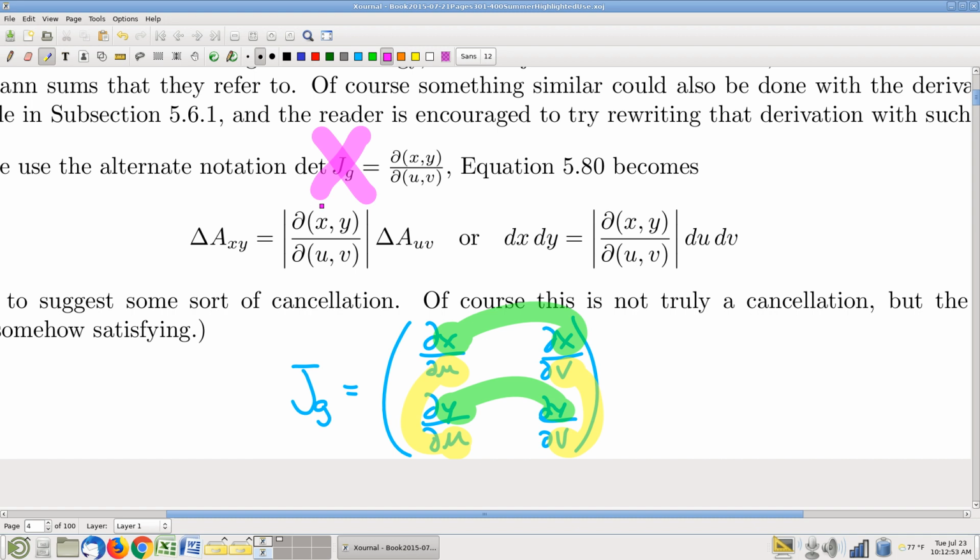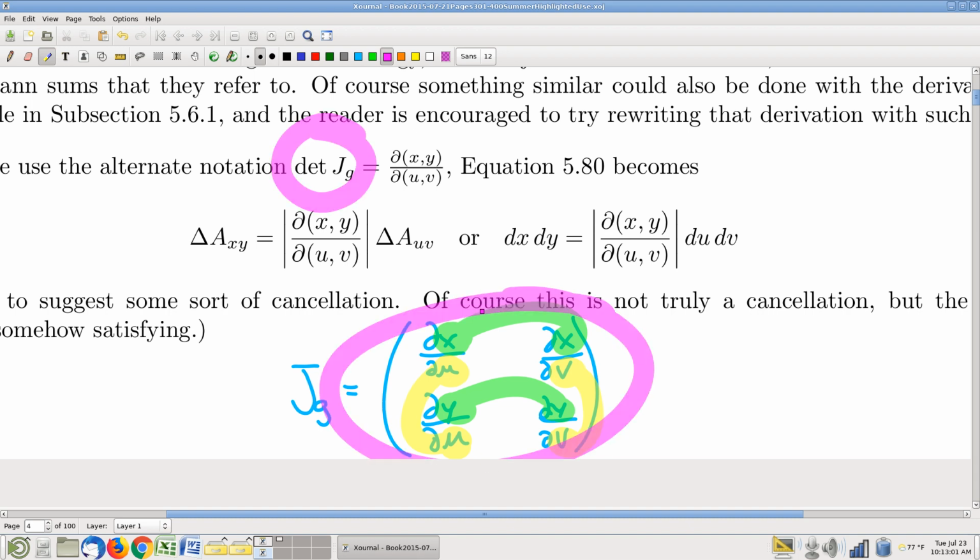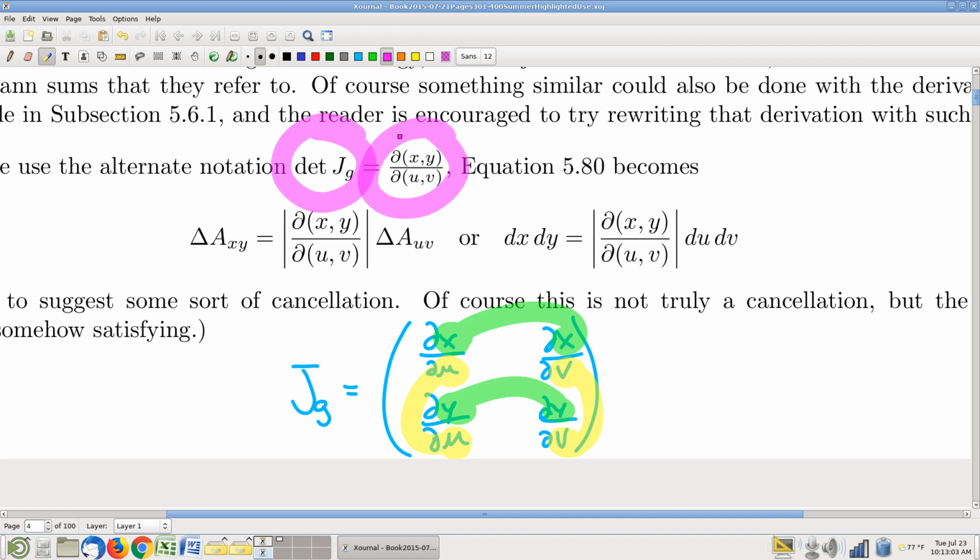The Jacobian's a matrix, not a number, so that doesn't even make sense. So anyway, this is the number associated to all these partial derivatives that I need, and so I'm going to use this number-like notation to represent it. Very common choice. I'm a big fan. I'll explain why I'm a big fan after a couple of examples. But anyway, we're going to use that as a notation for that.